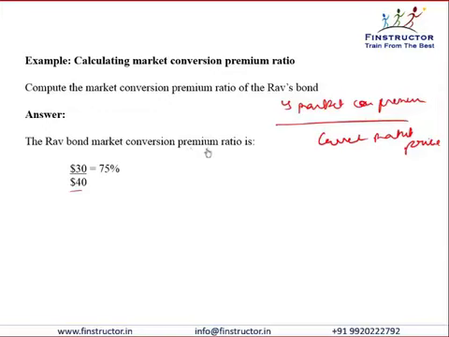So market conversion premium ratio is the market conversion premium upon the current market price. The higher this value, that means more is the option of equity in the current price, or either the value of current equity is quite depressed because this premium is quite high. So buying this bond for equity may not make a lot of sense.